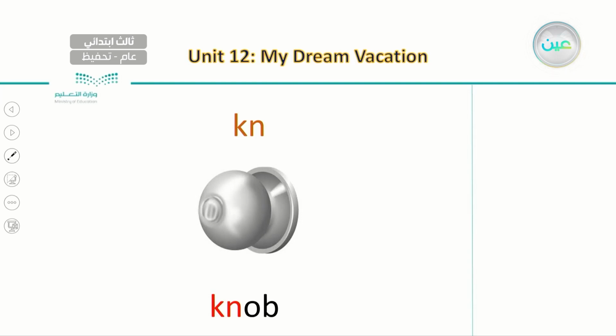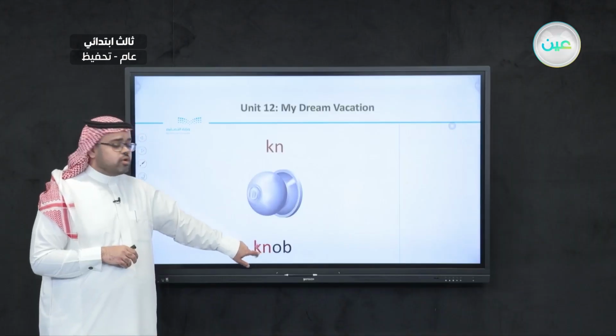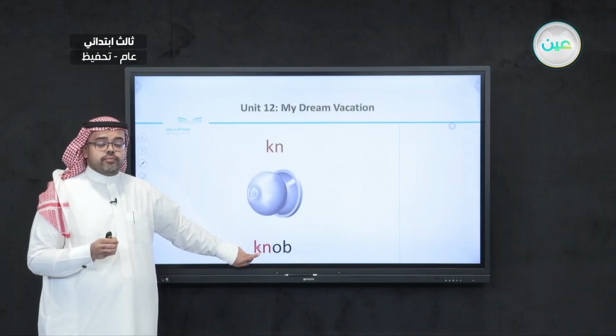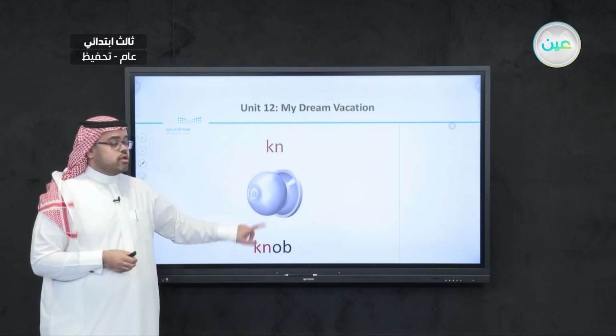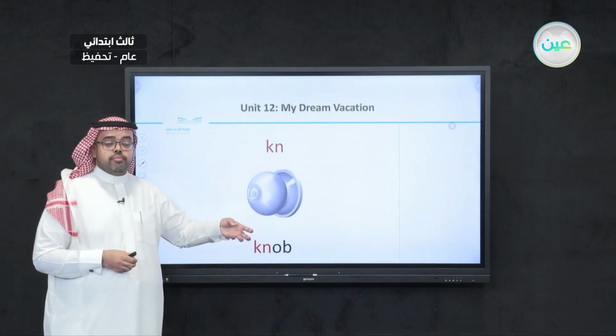The first word is knob. Say after me, knob. It starts with K-N-O-B, but when we pronounce it, we keep the K silent and only say knob, which is a doorknob.